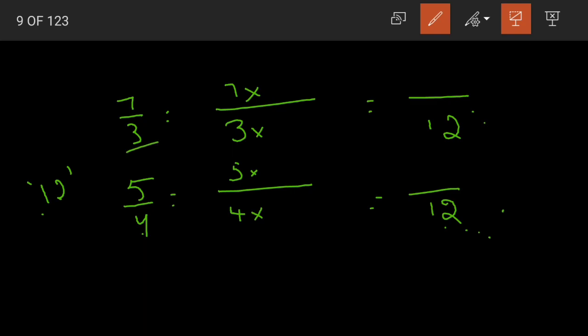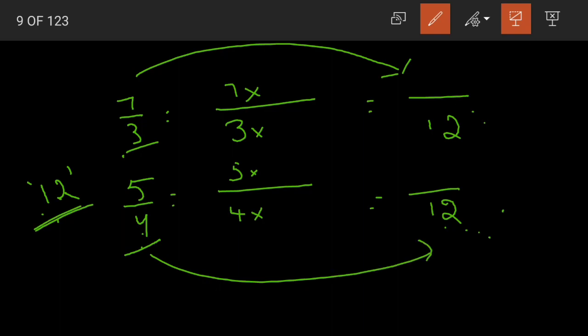We found out the LCM of both 3 and 4, that is 12. Now to convert them into like fractions, they both should have a common denominator, right? So that common denominator will be our LCM 12. Here the denominator is 3, but we want the denominator to be 12.